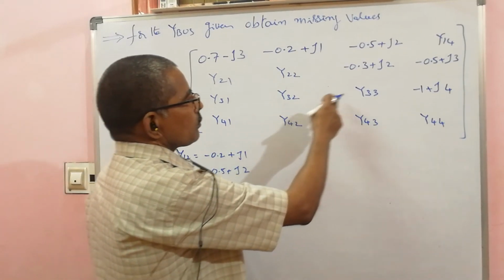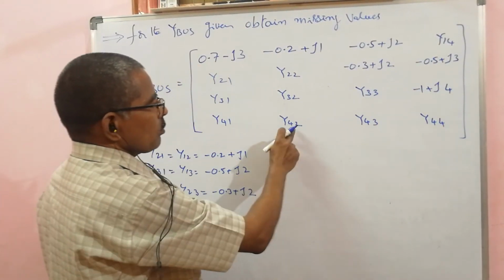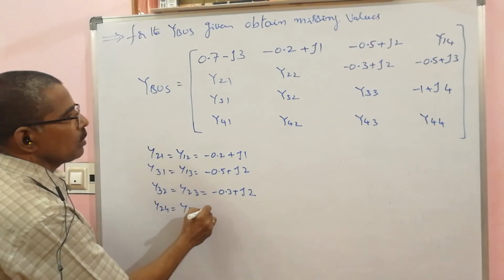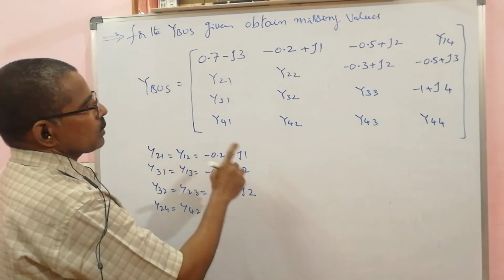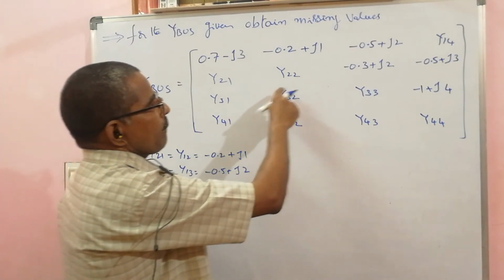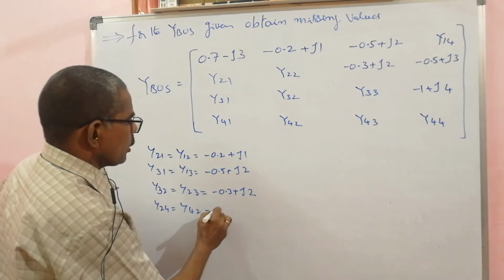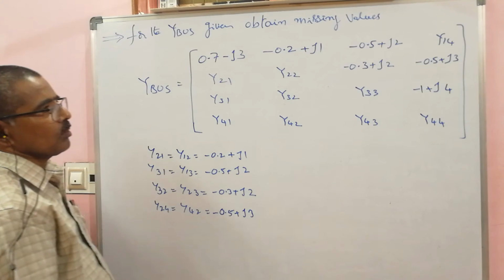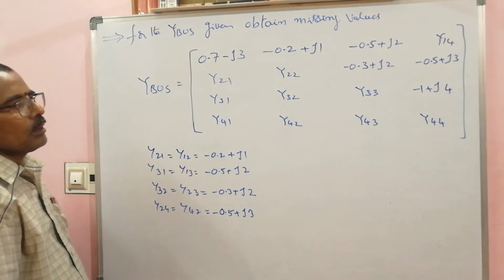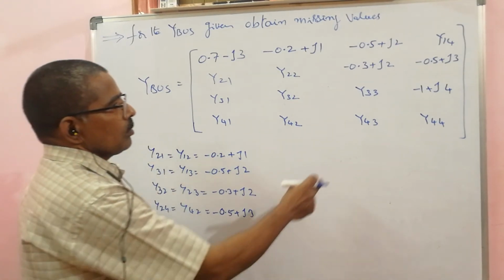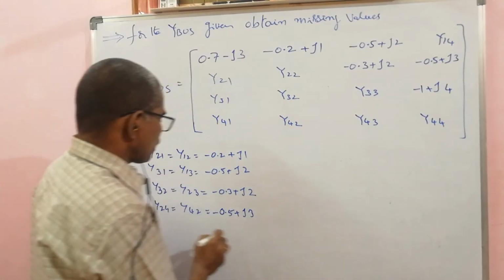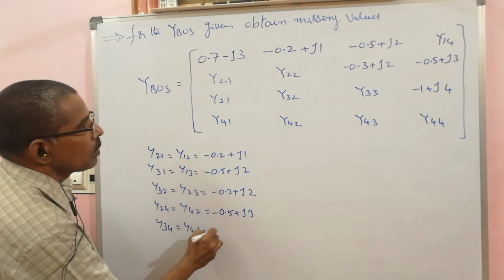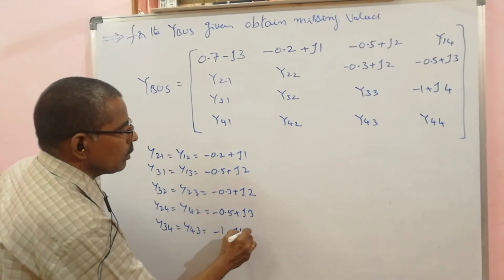Okay, and Y24, Y42, which is minus 0.5 plus j3. Okay, Y34 and Y43 are same, which is minus 1 plus j4.